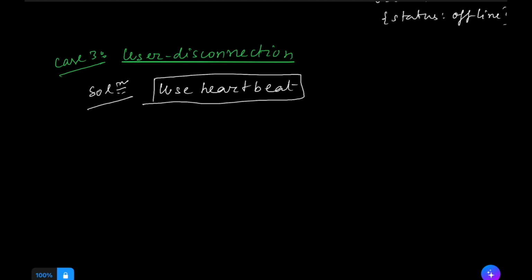If the last heartbeat received by the presence server was a certain period of time ago, and a threshold amount has been reached with no heartbeat from the client side, that indicates that the user is offline.